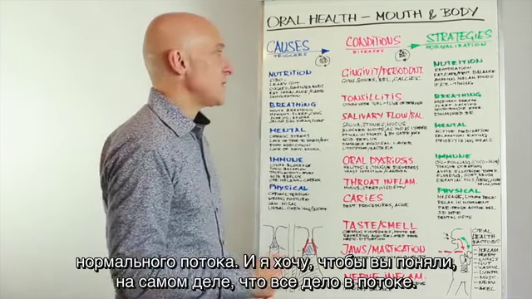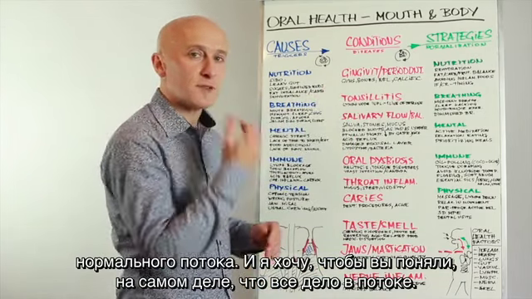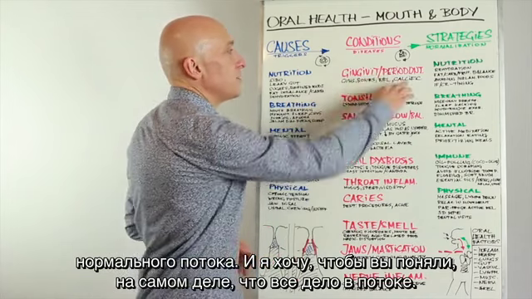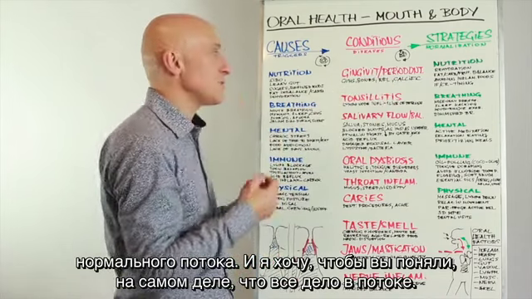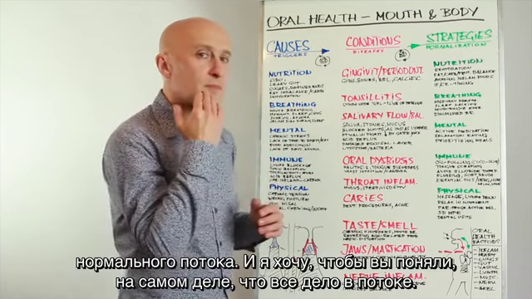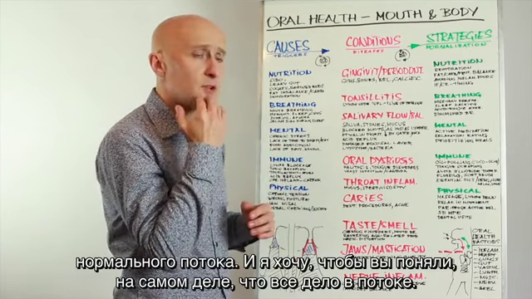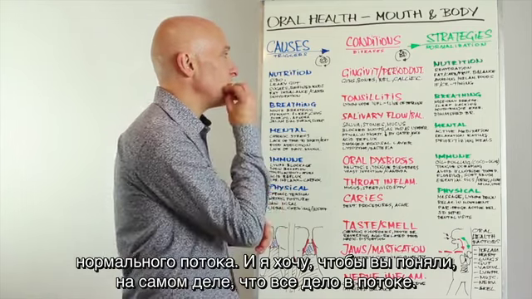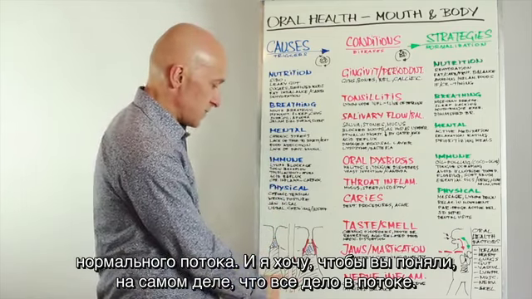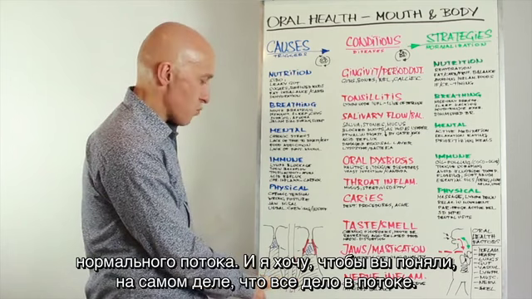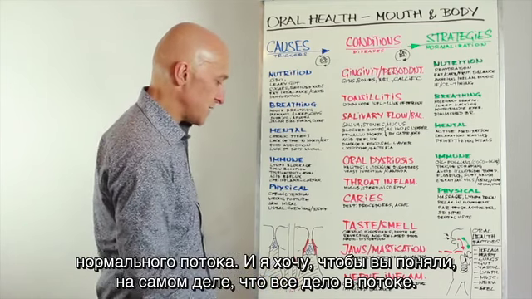Gingivitis, that's the inflammation of gums. Periodontitis, that's when the inflammation of the gums goes into the bone, and we have inflamed bone. As you see here, there's a difference between the normal tooth and the tooth that is inflamed.